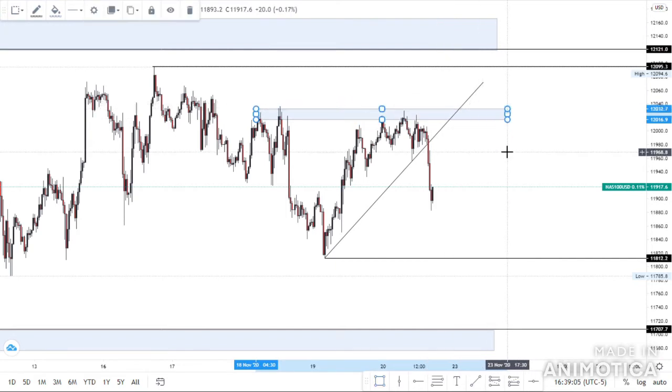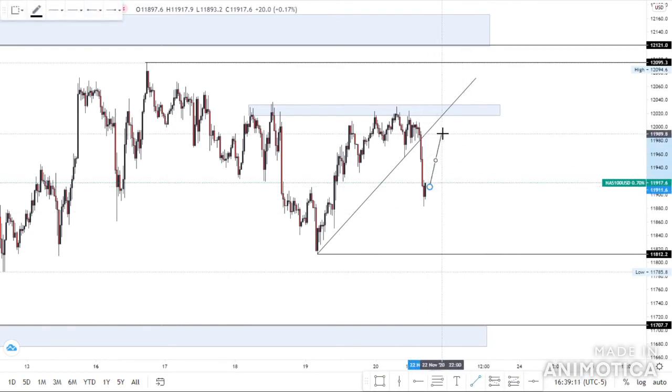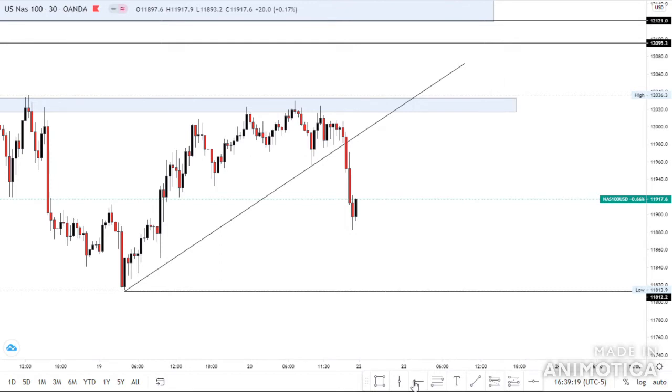Okay, so then obviously you could wait for price to push up, retest the trend line, the zone, or there's broken support right here. All right, right there, you can see that we have support here and price broke through.